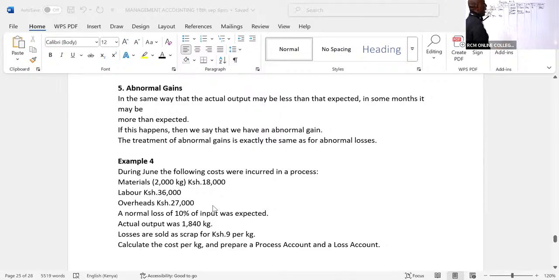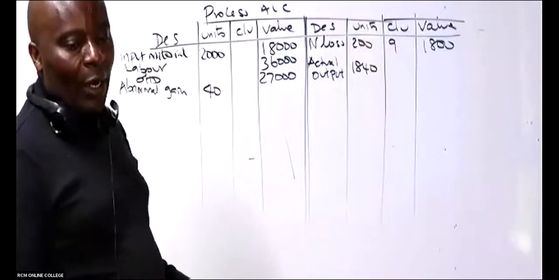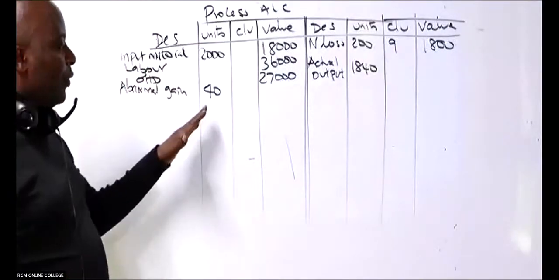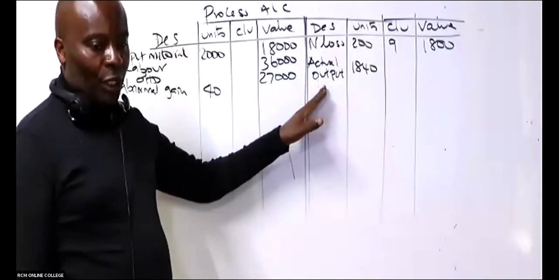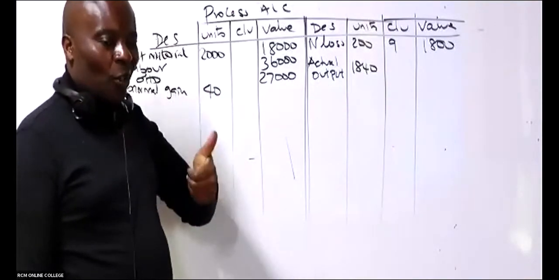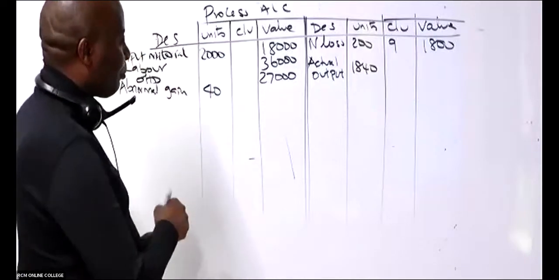Then I only have two things to value here. I would want a value for the normal gain, and a value for the actual output. For these two things, I'll have to use the process cost per unit formula.